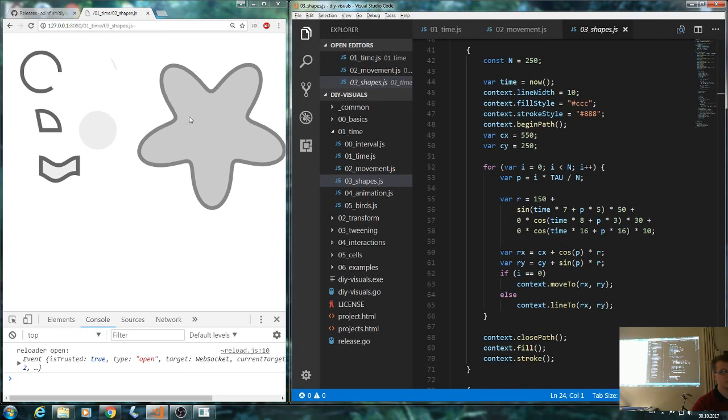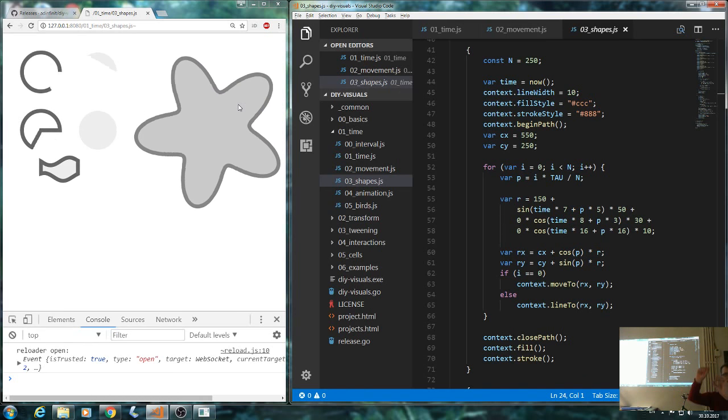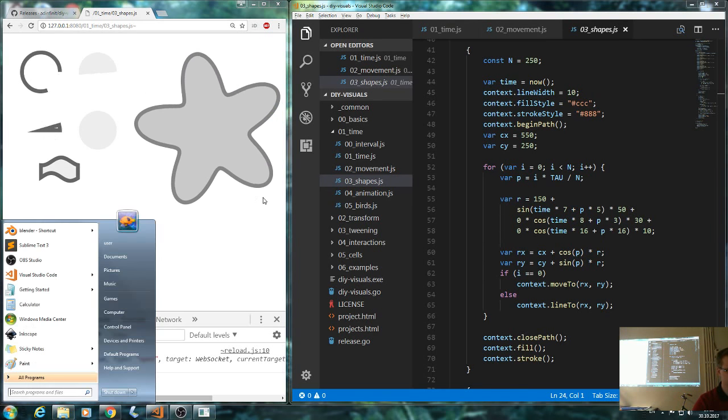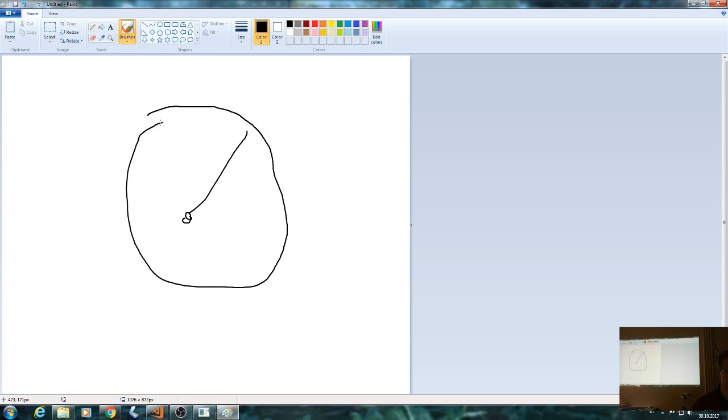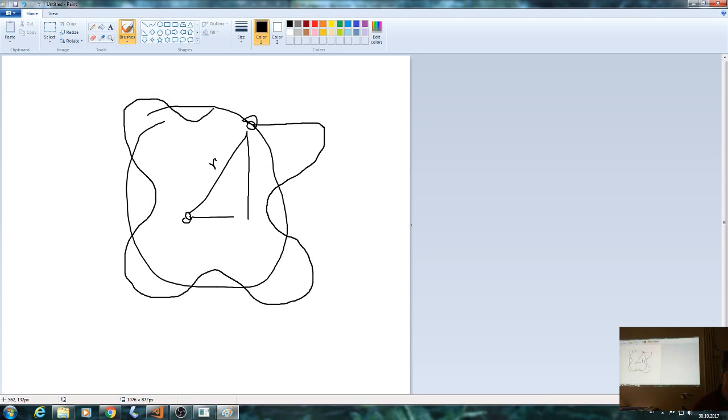So here we take this circle. When we take a circle, we know how to find points here using cosine and sine. So what we can do is start moving this radius, making the radius based on the angle.